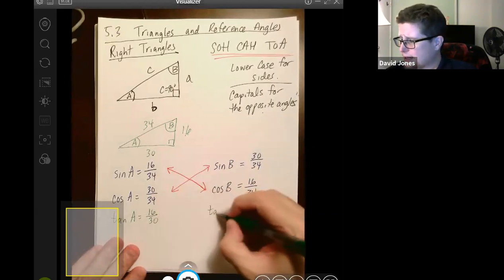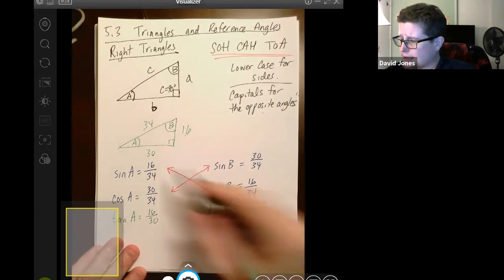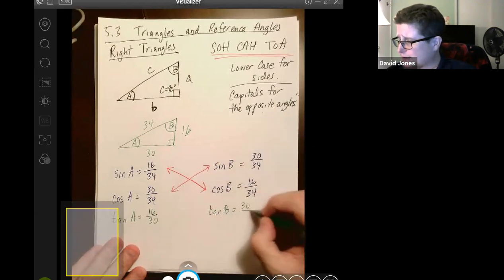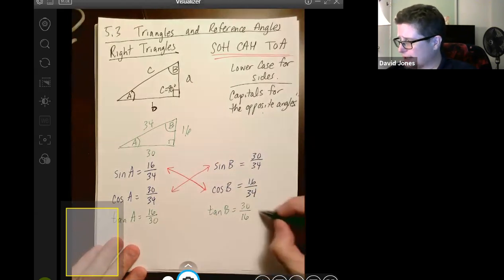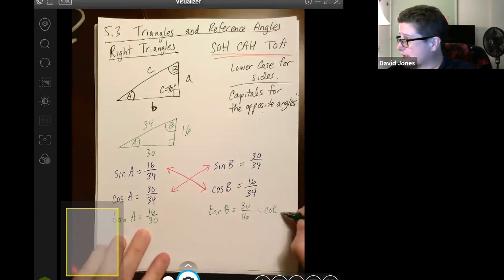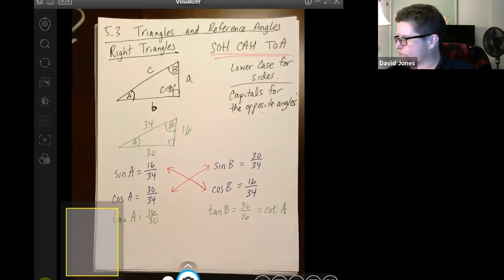Tangent of B is 30 over 16, which is really cotangent of A, or cotangent of B. Well, that's interesting.